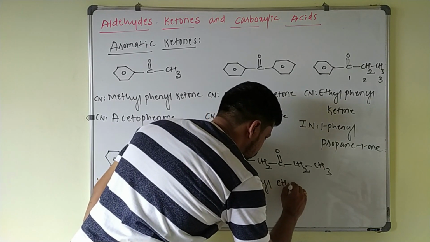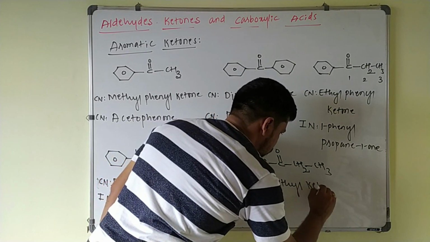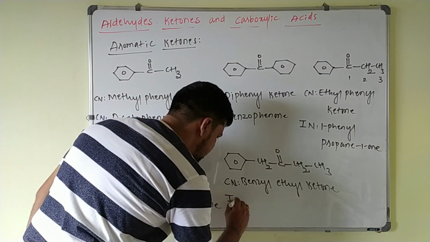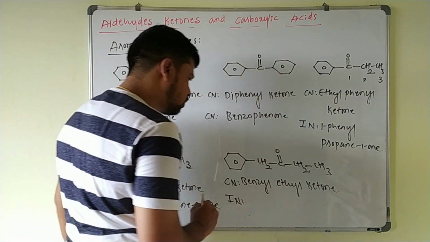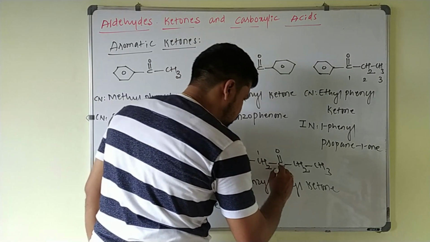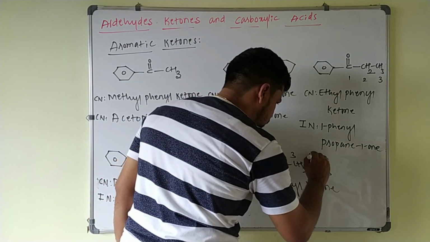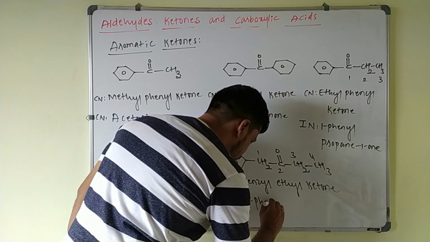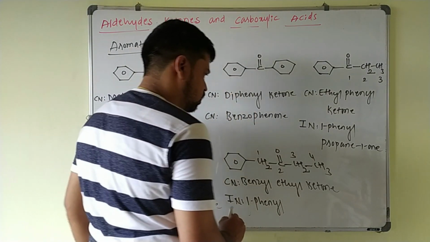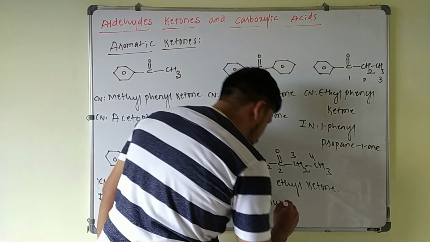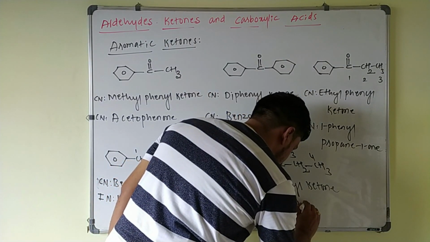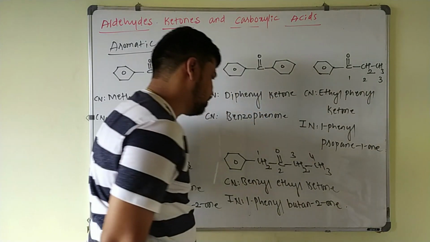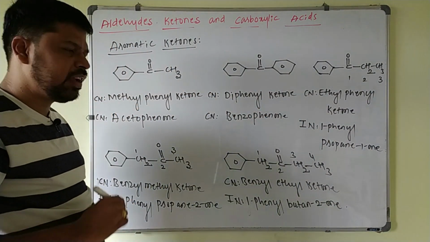The IUPAC name: numbering 1, 2, 3, 4, we call it 1-phenylbutane-2-one. Okay, these are the names of aromatic ketones.